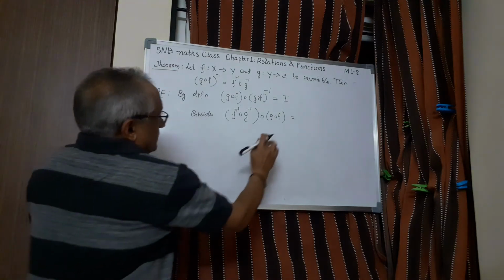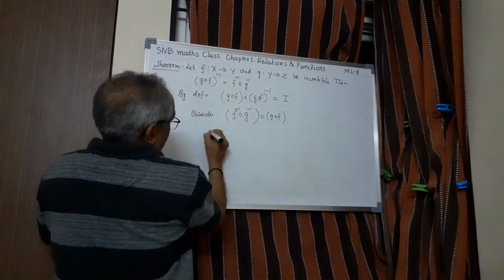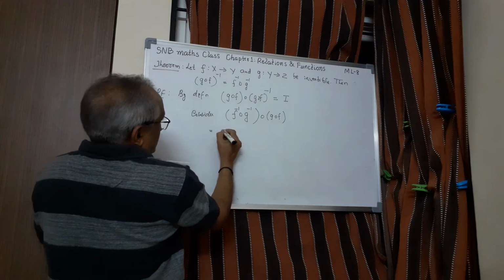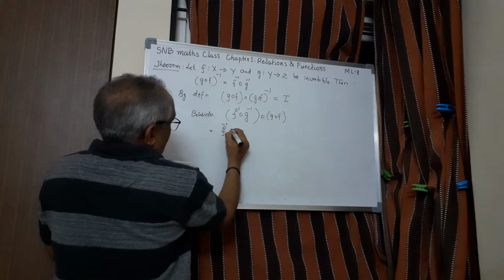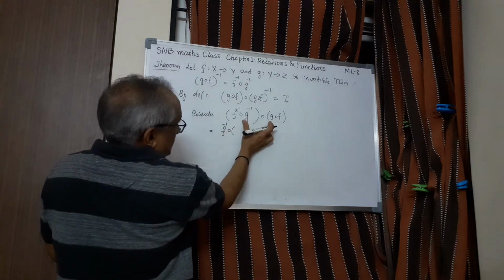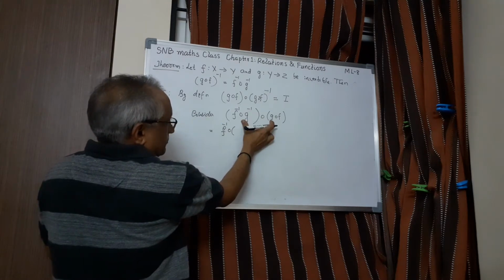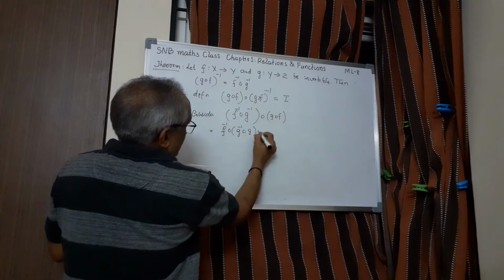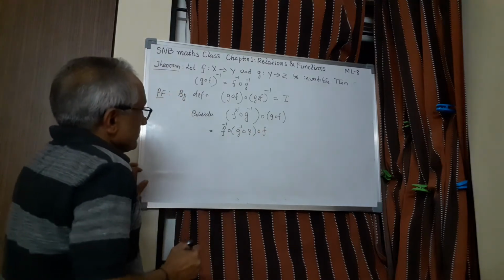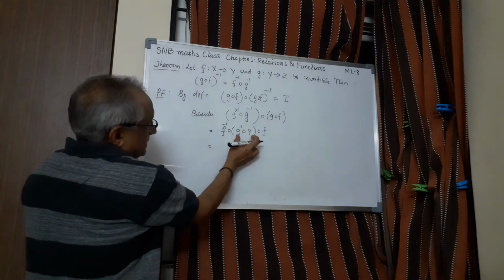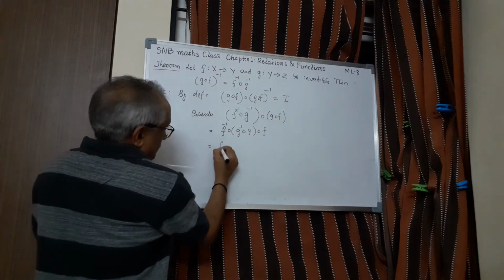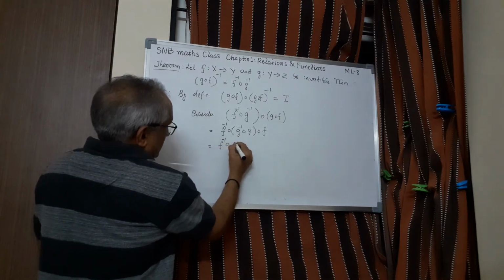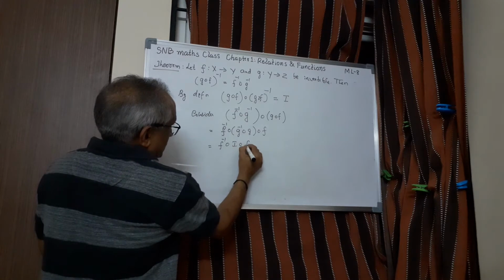Now we can write this as F inverse of, then we can bring these two together because of the associative property, G inverse of G of F. But G inverse of G is I, therefore it is F inverse of I of F.